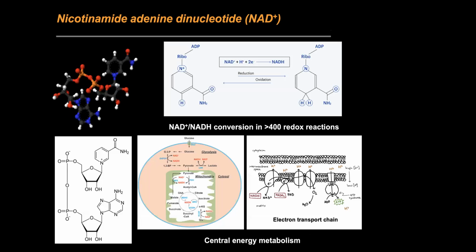It is best known for its function in the central energy metabolism, where it accepts electrons from the nutrient molecules through NAD-dependent dehydrogenases to produce NADH, which then gives these electrons away to oxygen through the electron transport chain, generating a membrane potential that is required for ATP biosynthesis. So NAD is important for ATP biosynthesis.